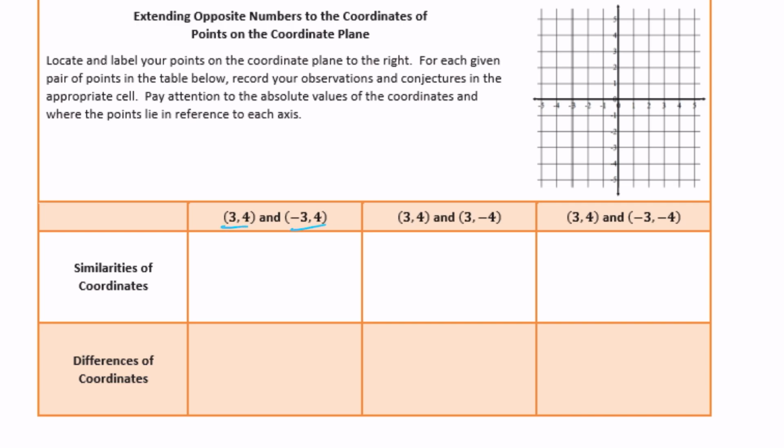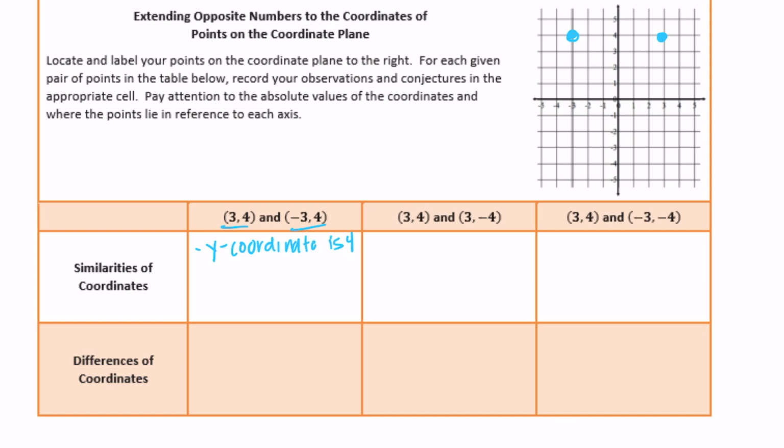So 3, 4 would be right there, and -3, 4 would be here. Okay, so what do we notice about these? What are some similarities? They both have the same y coordinate, 4.